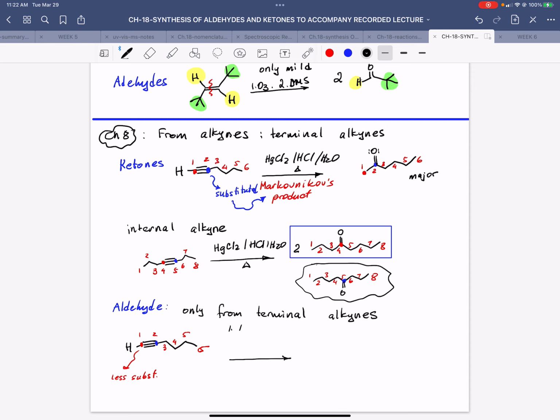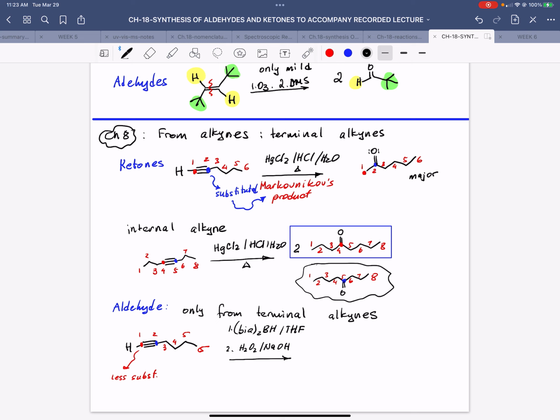We're going to use dicyclohexylborane in THF, which will be followed by treatment with hydrogen peroxide under basic conditions.